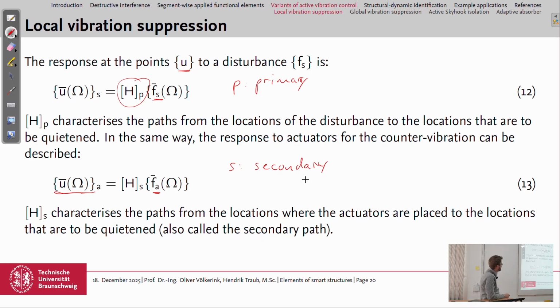So the primary path is from the disturbance to the points we want to suppress the vibrations at, and the secondary path is our control path, where we want to quieten the structure.